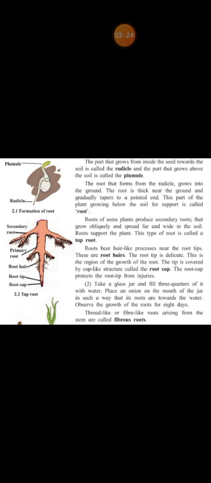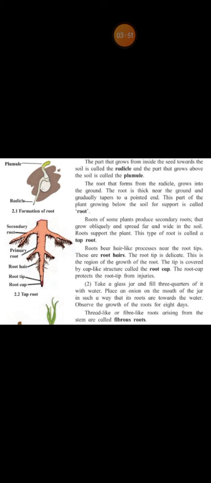The root that forms from the radicle grows into the ground. The root is thick near the ground and it gradually tapers to a pointed end. This part growing below the soil for support is called the root. Did you understand, children, what is the meaning of the root?